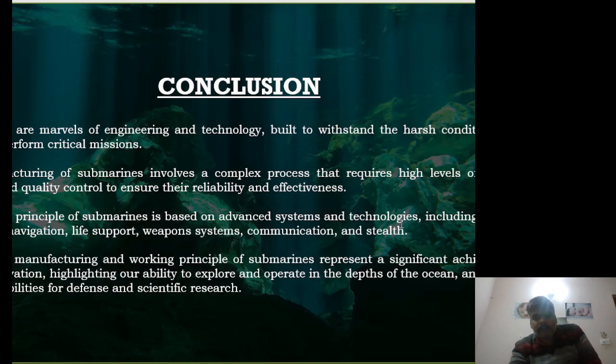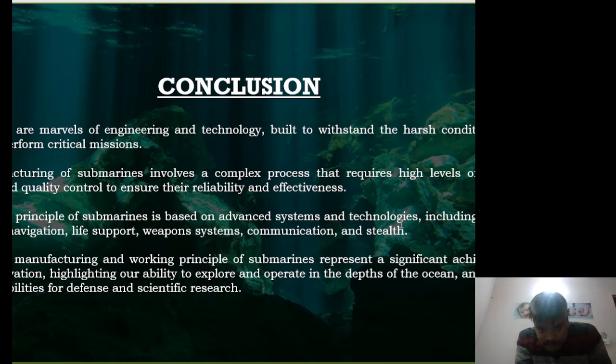Conclusion. Submarines are marvels of engineering and technology built to withstand the harsh conditions of the ocean and perform critical missions. The manufacturing of submarines involves a complex process that requires a high level of precision, expertise, and quality control to ensure their reliability and effectiveness.